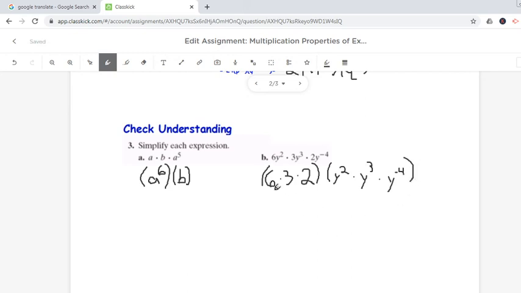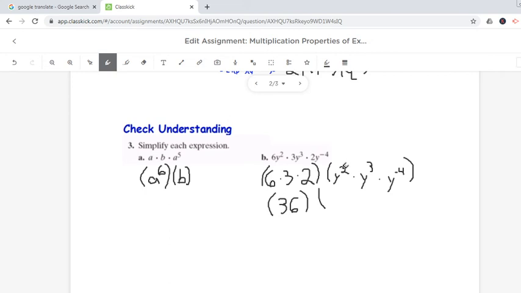All right. 6 times 3, that's 18. And then 18 times 2 is 36. And then we have base of y, so we can add these exponents.